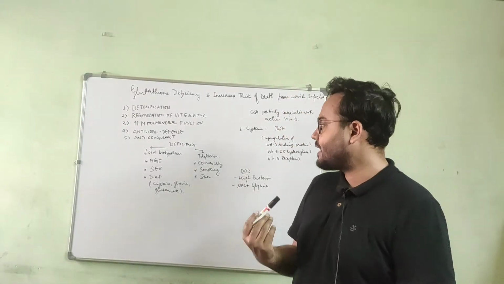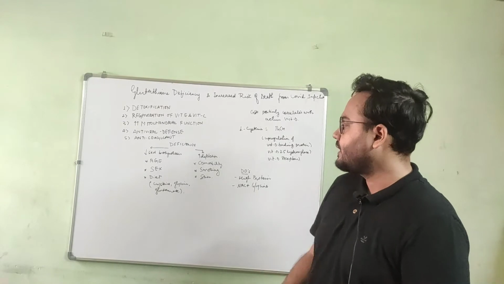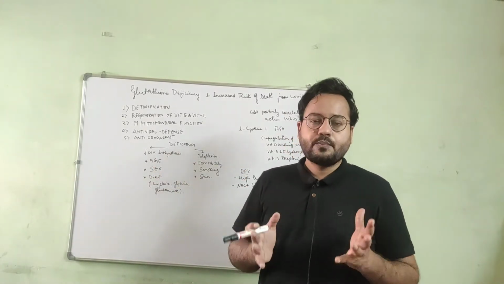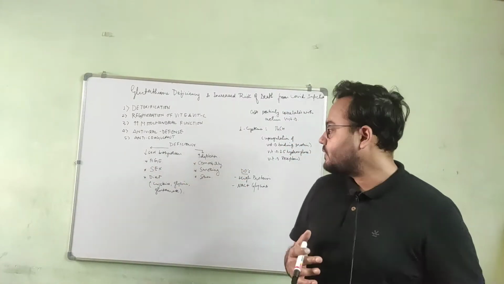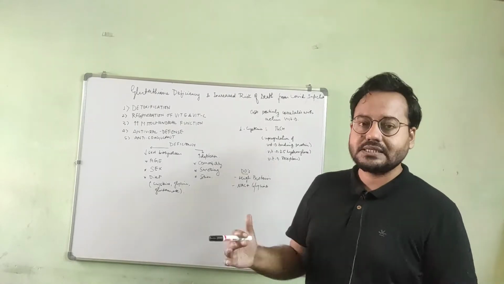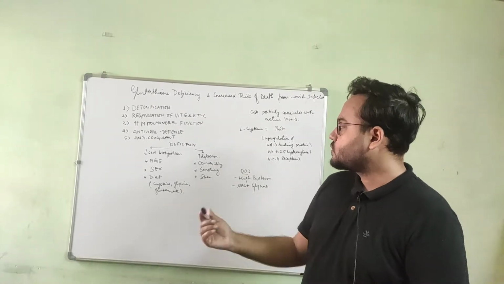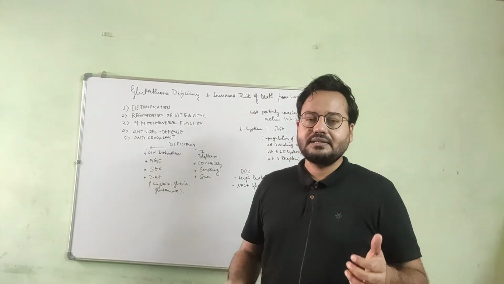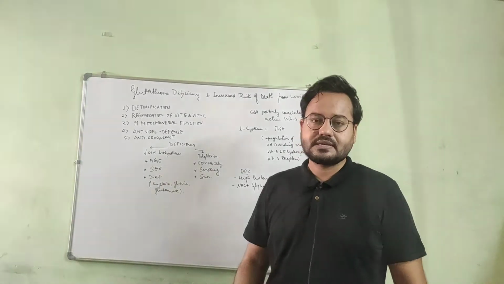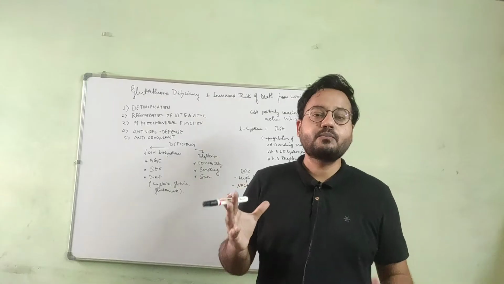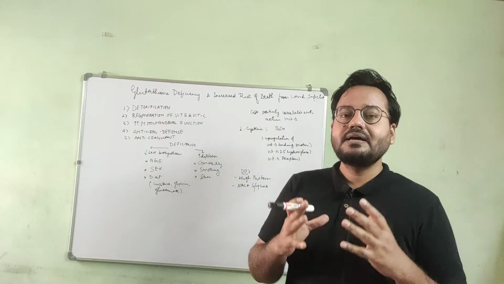Now, how can your body be deficient in glutathione? It can be either that your body is not making enough glutathione, or there is increased depletion of glutathione. So as we age, there is decreased biosynthesis. Our body produces less glutathione, and that's why our cells become more susceptible to oxidative stress and death.